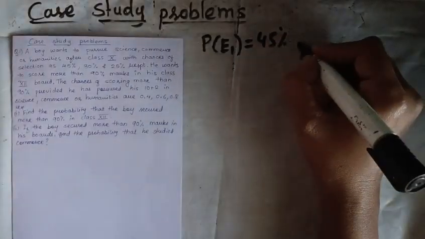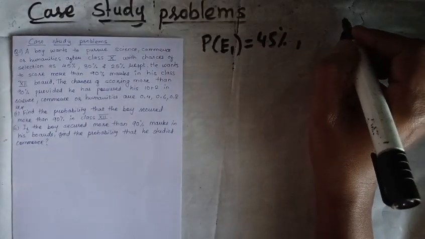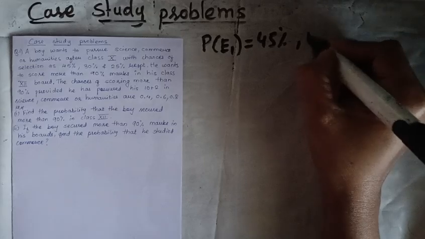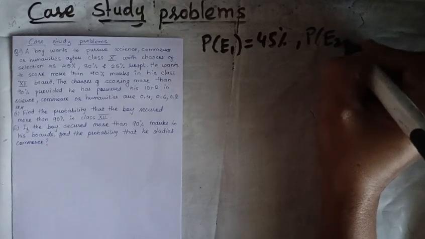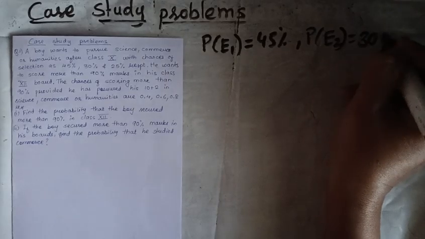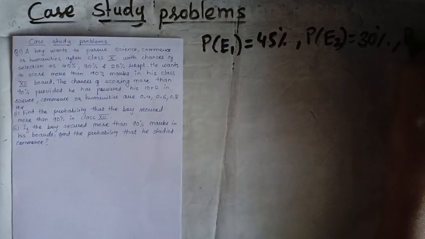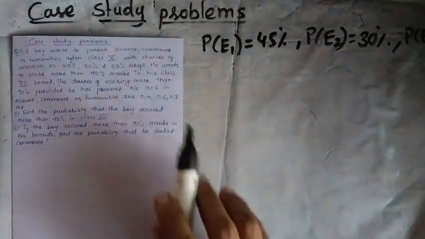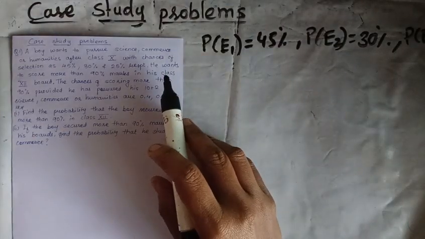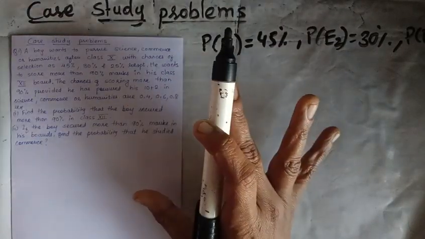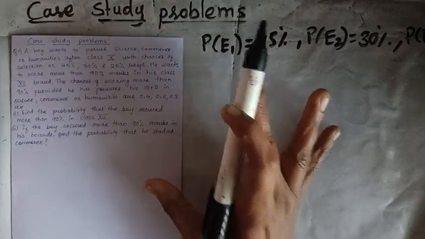So we have to write it in terms of fraction, 45 upon 100. And humanities is 25%.